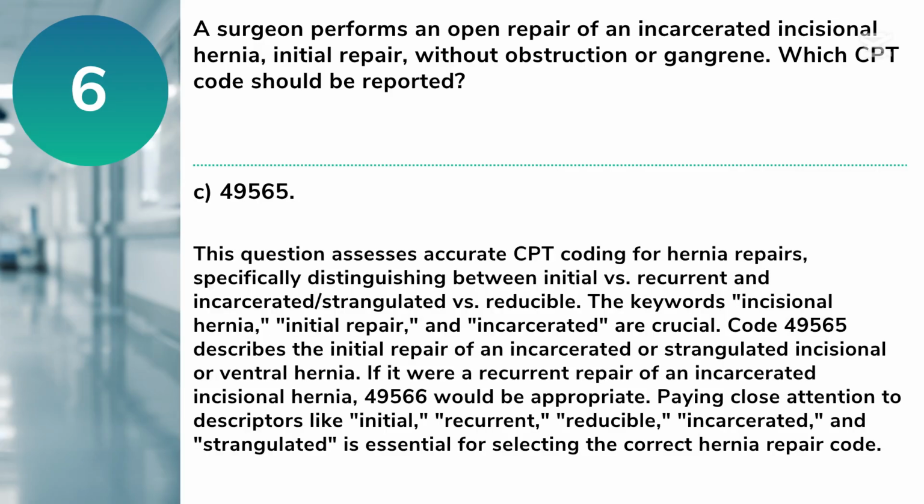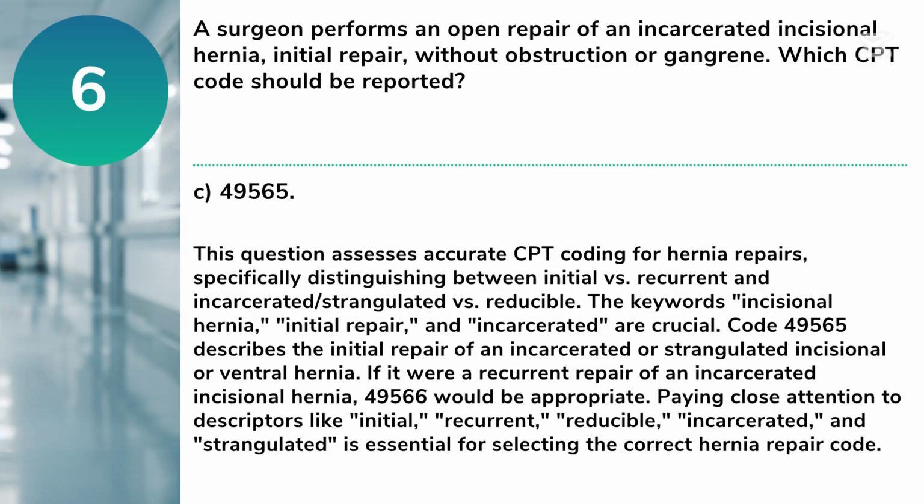Answer: C. 49565. This question assesses accurate CPT coding for hernia repairs, specifically distinguishing between initial versus recurrent and incarcerated/strangulated versus reducible. The keywords incisional hernia, initial repair, and incarcerated are crucial.